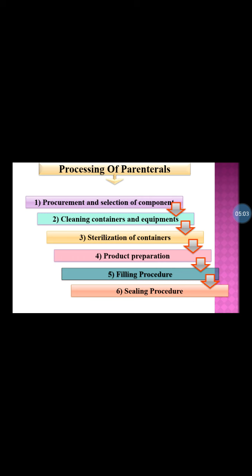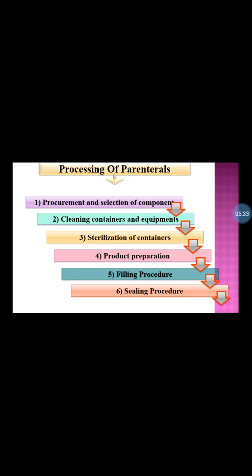In the sealing procedure, sealing of the filled container should be done immediately by tip sealing or pull sealing to prevent the product contamination. The vials and bottles are closed by rubber closures aseptically. The rubber closures may be held in place by means of aluminum cap.